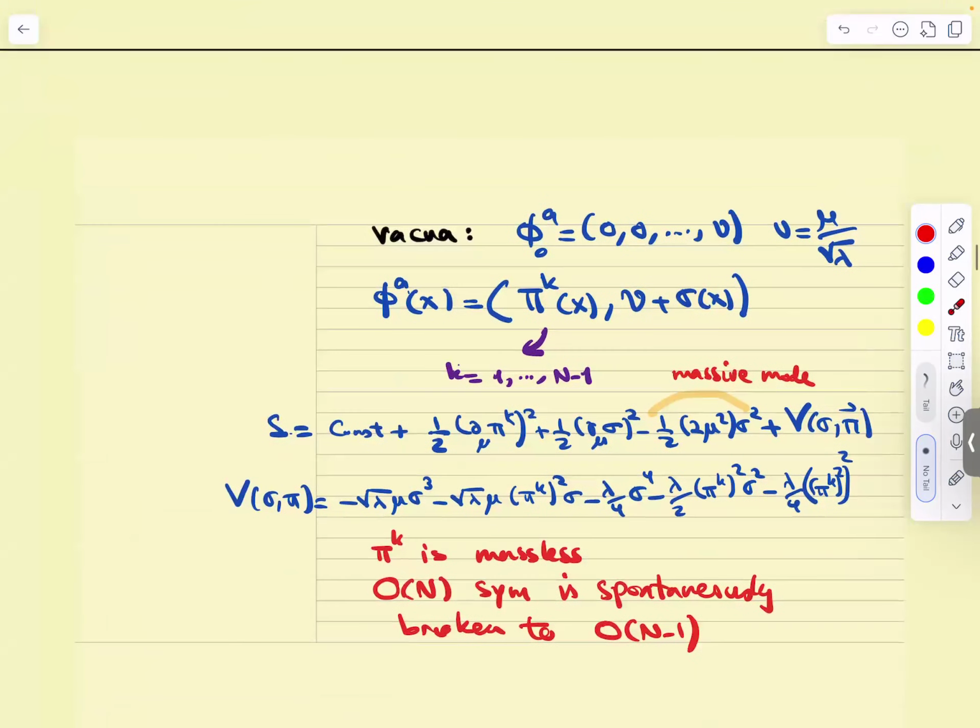All right, N minus 1 perpendicular directions. So you take the Lagrangian, you expand around φ₀, you're going to get a kinetic term for π, a kinetic term for σ, a mass term for σ squared, and then there's a potential term that looks like this.